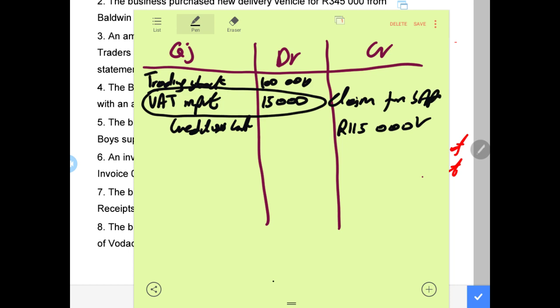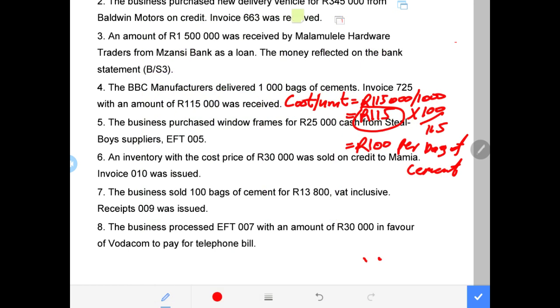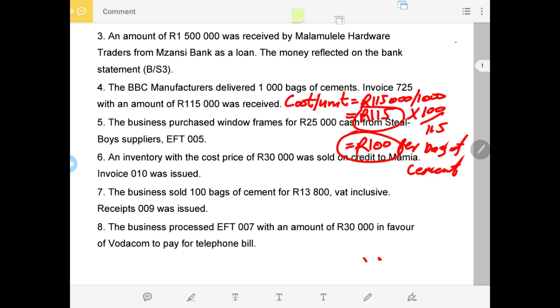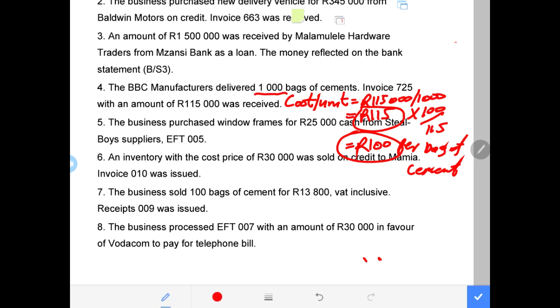We'll claim this amount from SARS and say, SARS, please give us back our amount of VAT. So that is why the cost of a bag of cement is 100 rand. Please do note this because in the future it will appear. One bag of cement cost us 100 rand because the VAT will be claimed from SARS, which is the 15 rand per unit, which will be 15,000 for the total of the 1,000 bags that were bought.